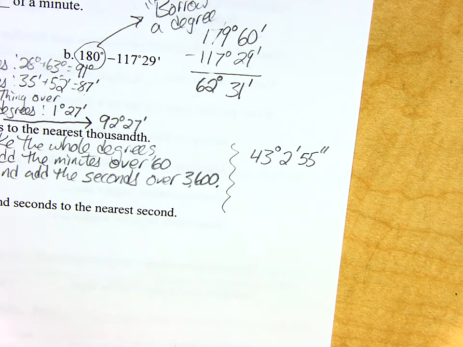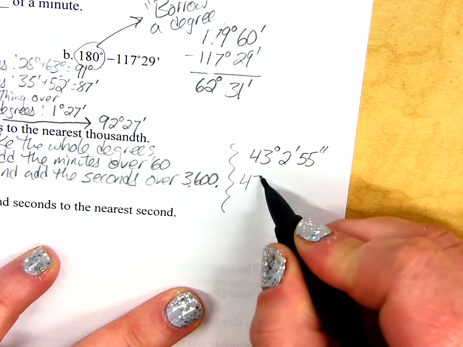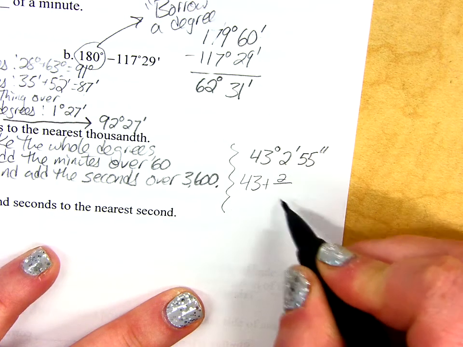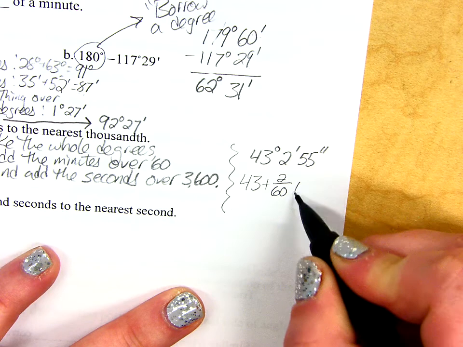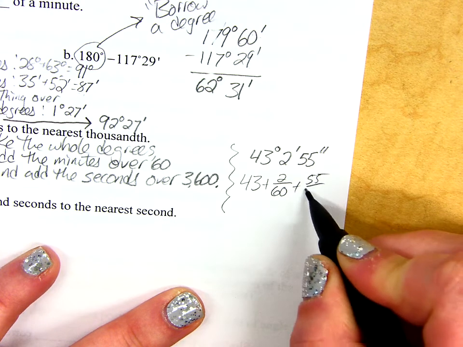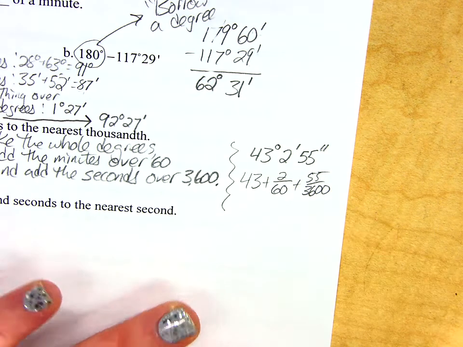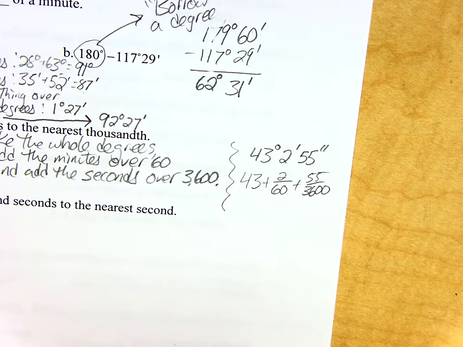Okay, we got something? Hopefully we did. 43 plus 2 over what? 60 and 55 over? Yes, 3,600. Okay. Pop that in a calculator. I know it's going to be 43 point something, but what is the something?